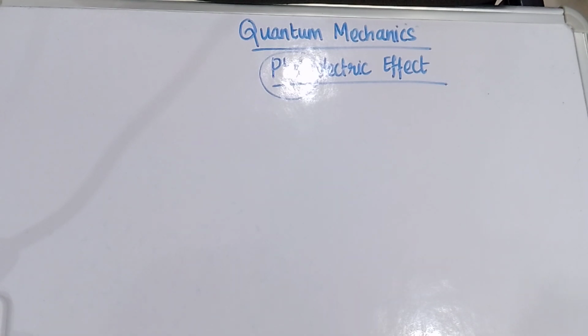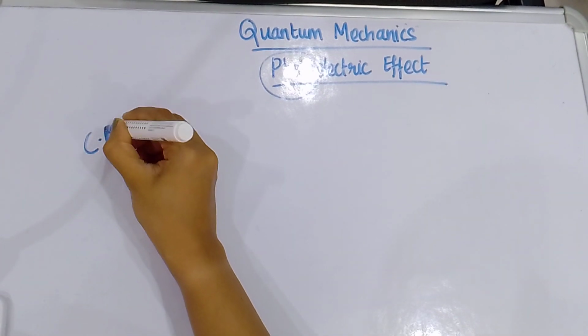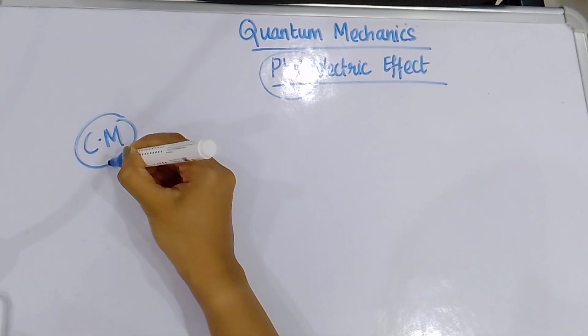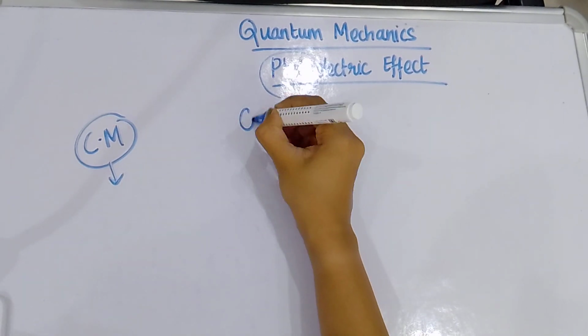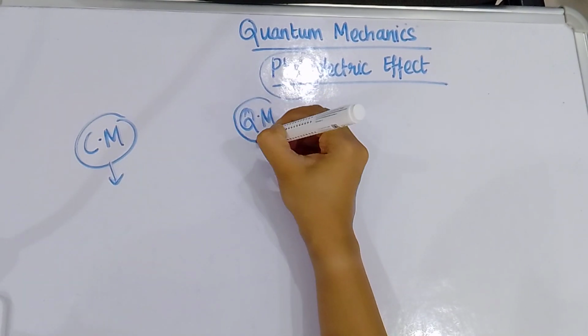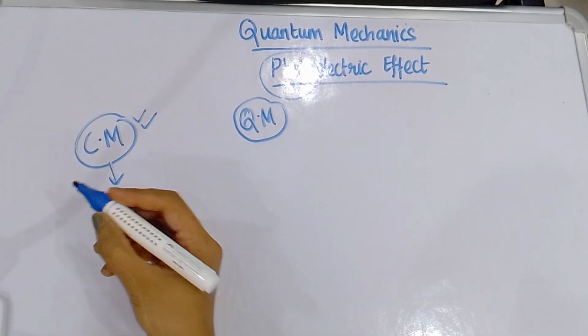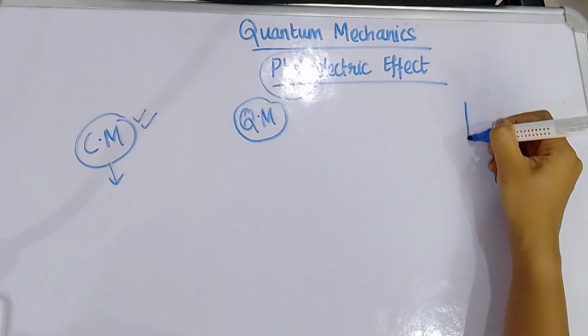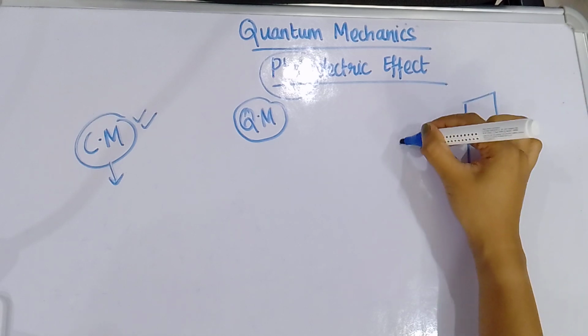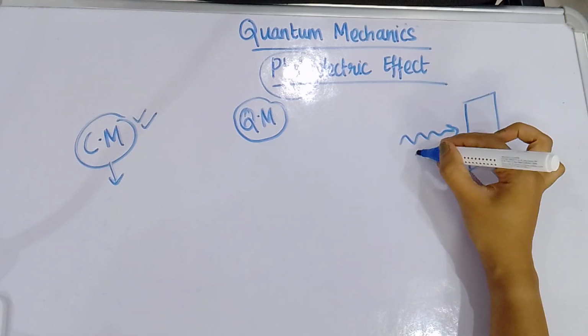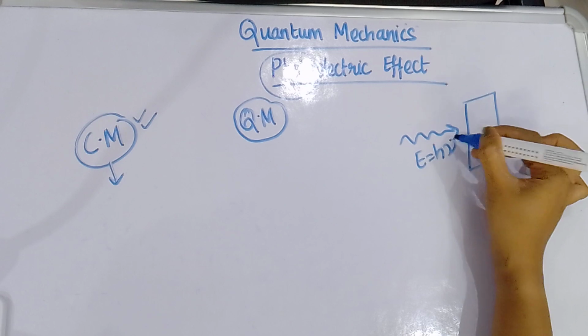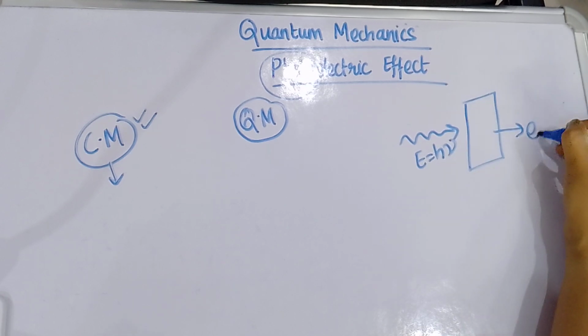Now as I told you in my previous lecture, before quantum mechanics we had classical mechanics, right? So what classical mechanics believed is that, see, this is our metal surface and this is a photon of energy E equal to h nu, and the electron comes out.